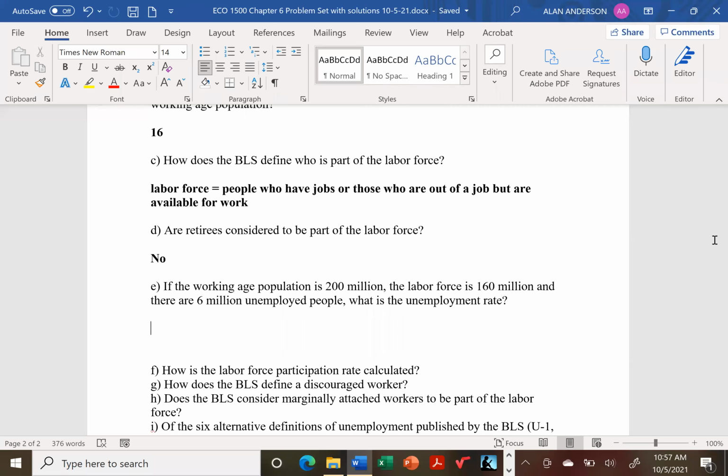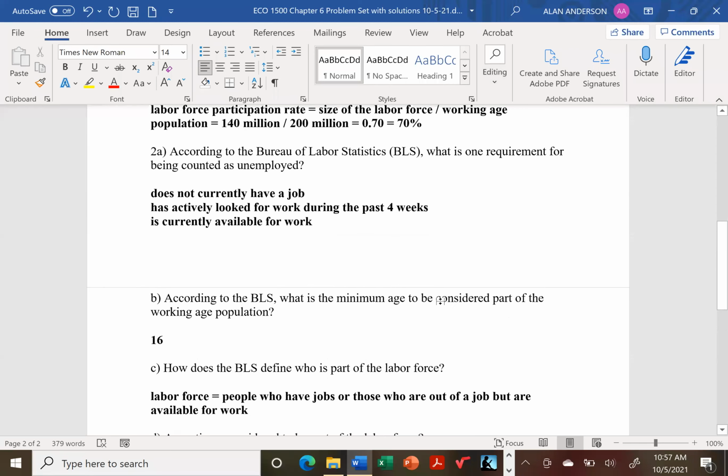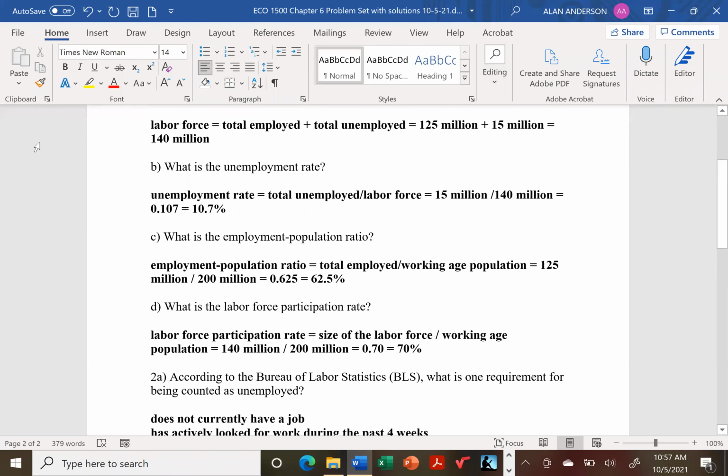All right. Anyway, so here with these data, the working age population is 200 million. The labor force is 160 million. And there are 6 million unemployed people. The unemployment rate, remember, equals, let's go back up here. Let me just copy this definition up here, just to make it clear.